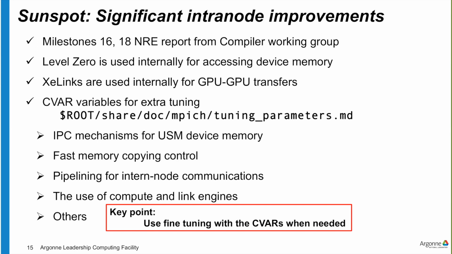There are a variety of improvements that have been done during the execution of the non-recurring engineering contract by Intel on improving GPU awareness and improving the MPI communication performance, provided that the MPI processes share the same node, so intranode communication.